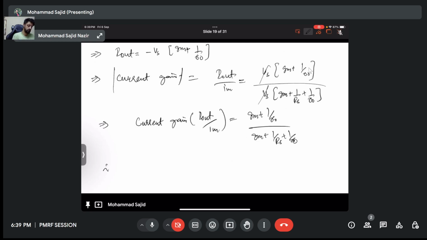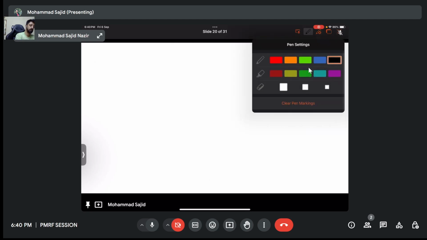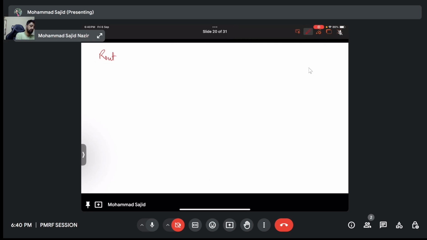So therefore, V output by I input is equivalent to I output multiplied by R output divided by I input. So I just need to calculate R out.